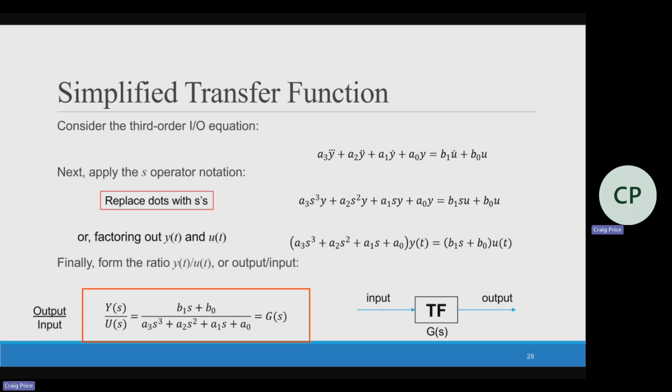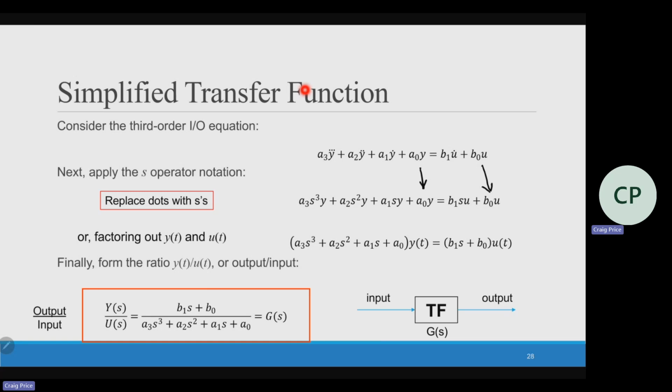Now, if you remember back to some of your differential equations, what this means is that we're not dealing with any initial conditions. So we're saying there are no initial conditions, there's no stored energy. The dots become s's. If I don't have a dot, that just stays as is. So this just stays like that, but any dot becomes an s.